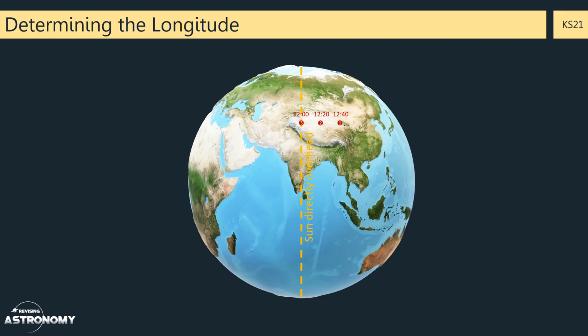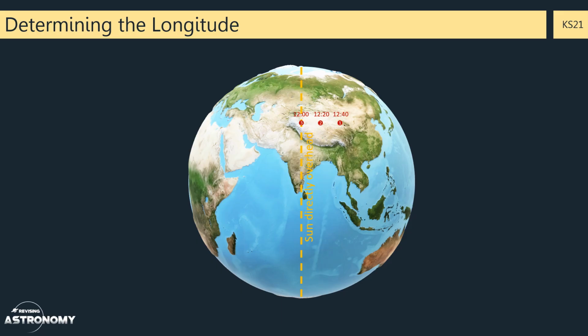Now, if you wanted to use the sun to set the time, this would be a good way to do it. But there's a problem. Locations that aren't too far away from each other have different times. And this could cause confusion if you're going to meet, say, at 12:30 in the middle of these locations.